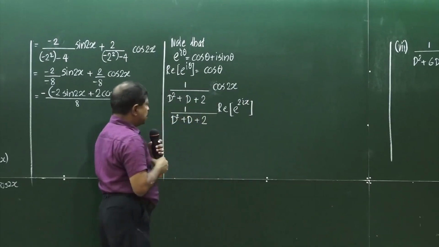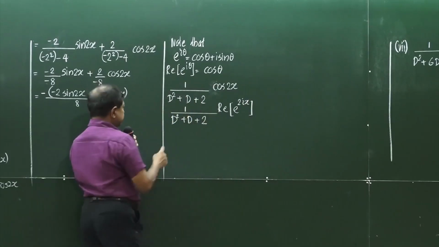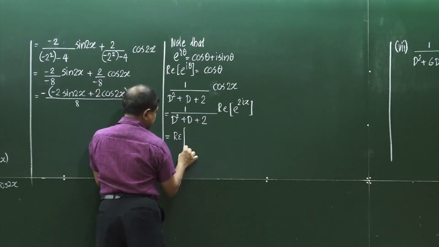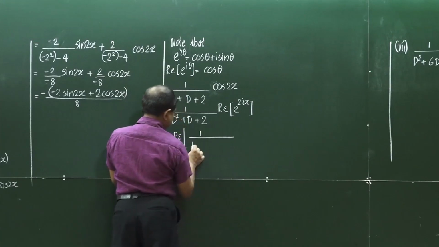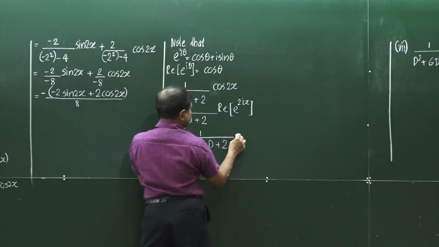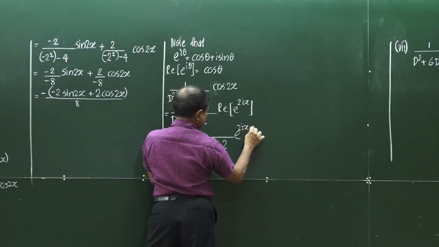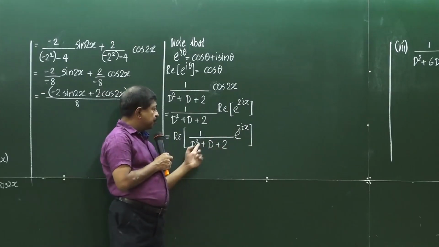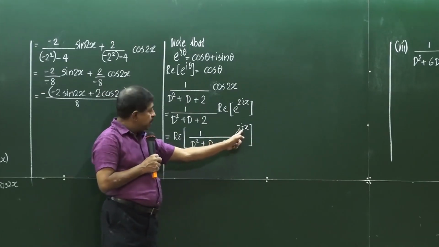Now the real part can be pulled out. So this equals the real part of this whole thing. Now it's easier because straight away you can use that formula. What is alpha now?